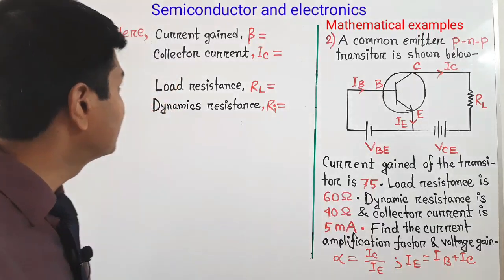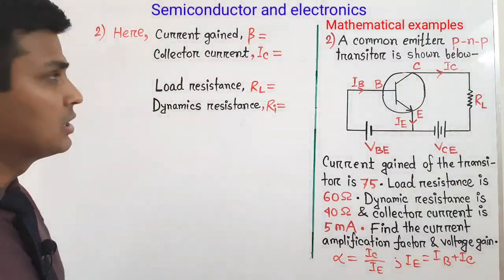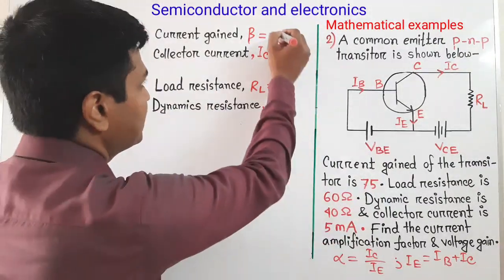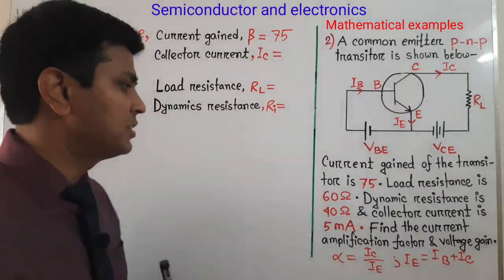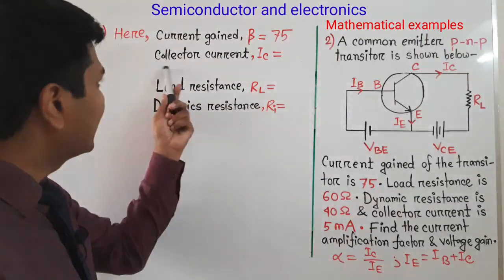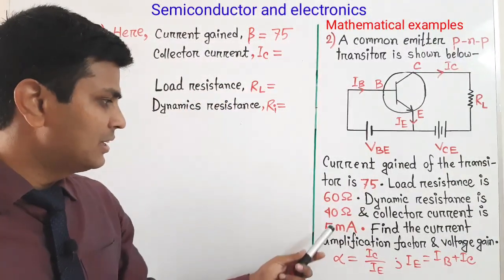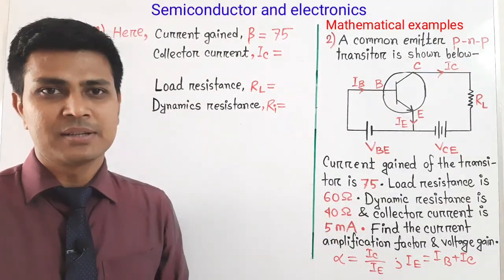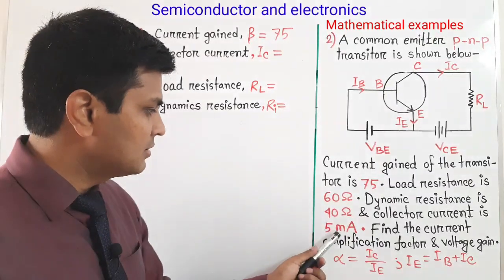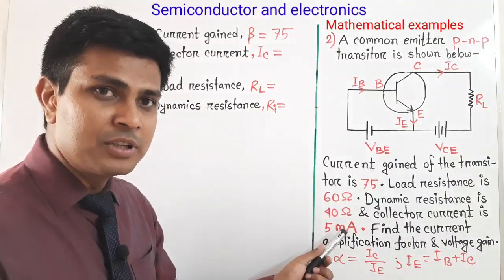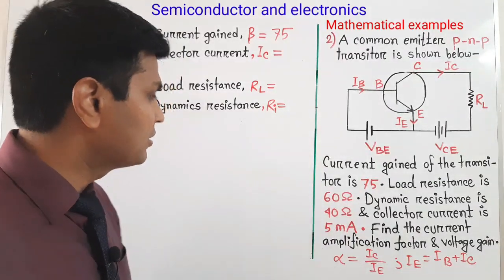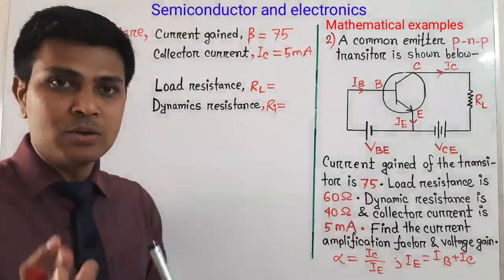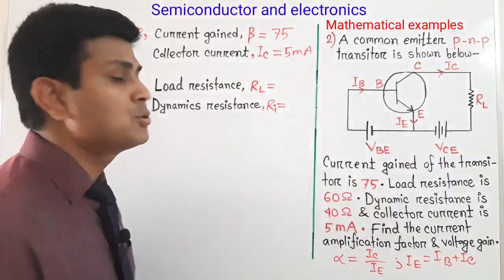So let's solve this question. In the given information, current gain beta is given as 75. Then the collector current, which is represented by IC, is given as 5 milliampere. This is not an SI unit, so you have to convert it to the SI unit. You have to divide by 1000, and then you will get milliampere to ampere.